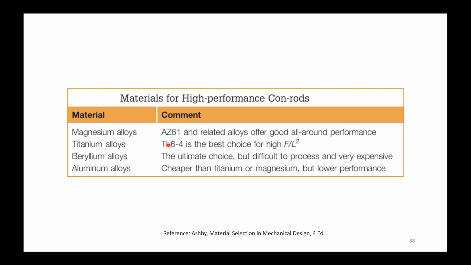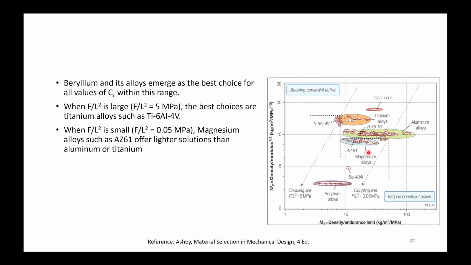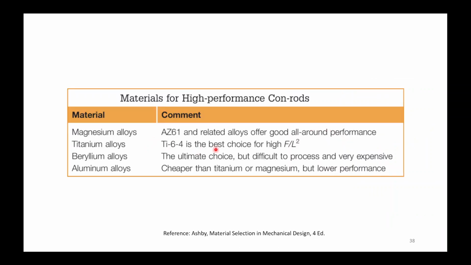And titanium alloys, titanium 6 aluminium 4 vanadium is the best choice for high F upon L square value. And beryllium alloys are the ultimate choice, but they are difficult to process and very expensive. Aluminium alloys are cheaper than titanium and magnesium, but they have lower performance.